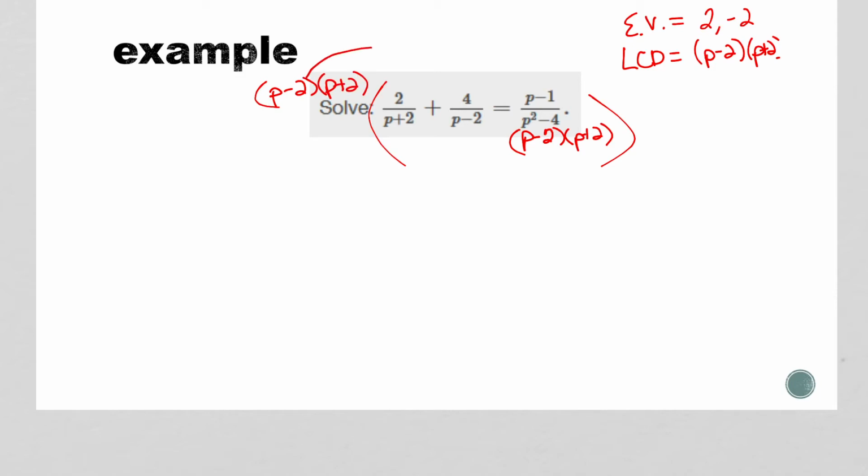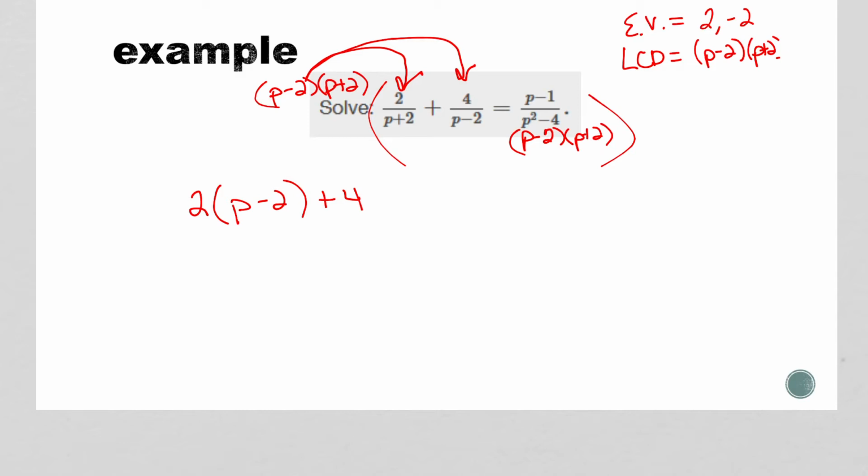Whenever I multiply this whole thing times this first term, the p plus 2's cancel. We're left with what's in the numerator, which is 2 times p minus 2. Whenever I take this whole thing times the second term, we are left with plus 4. The plus comes from right here, and the 4 comes from right here in the numerator.